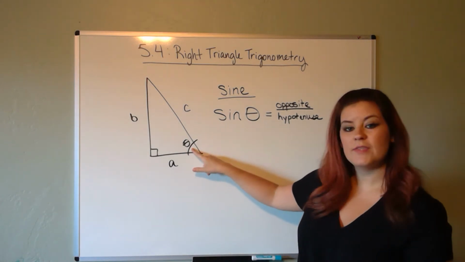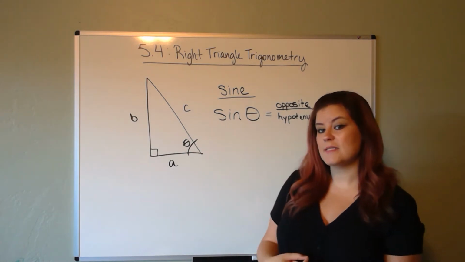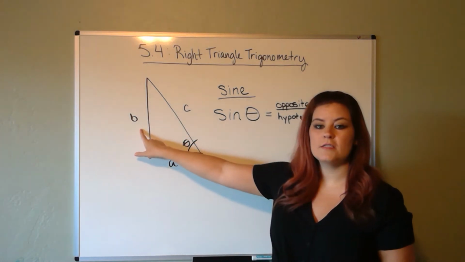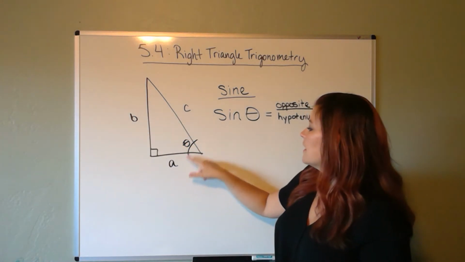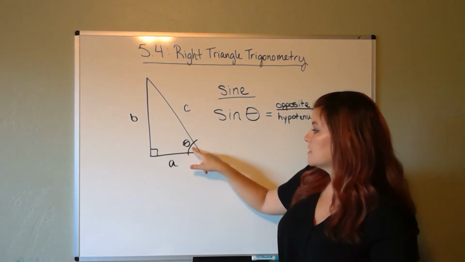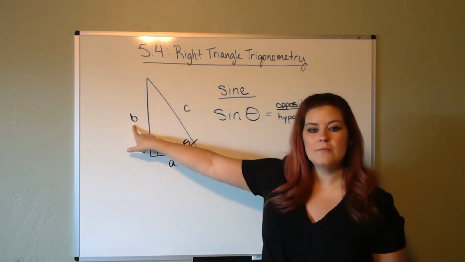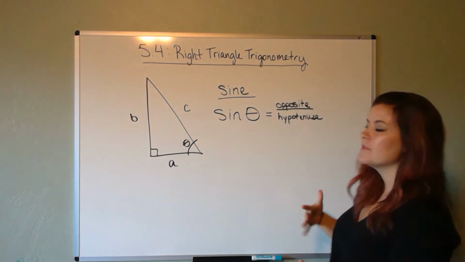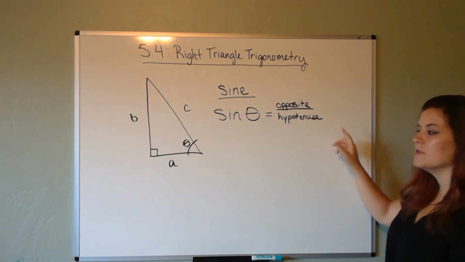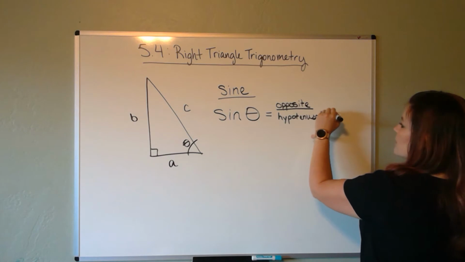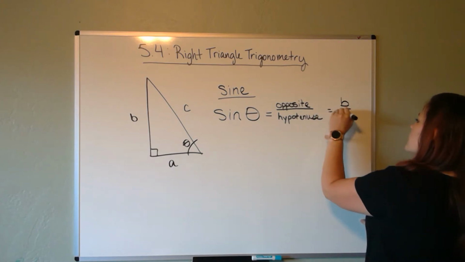So if this is your theta, the opposite side is the one that does not touch theta at all. So A and C are both touching theta, they're adjacent to theta. So the opposite side would be B. So if the sine of theta is opposite over hypotenuse, in this picture we have here, that would be B over C.